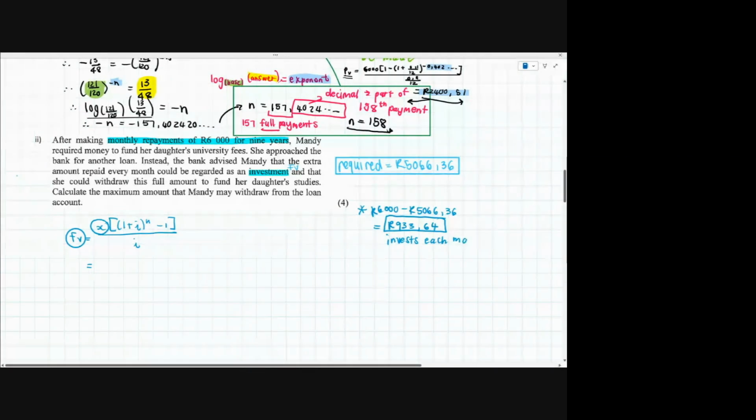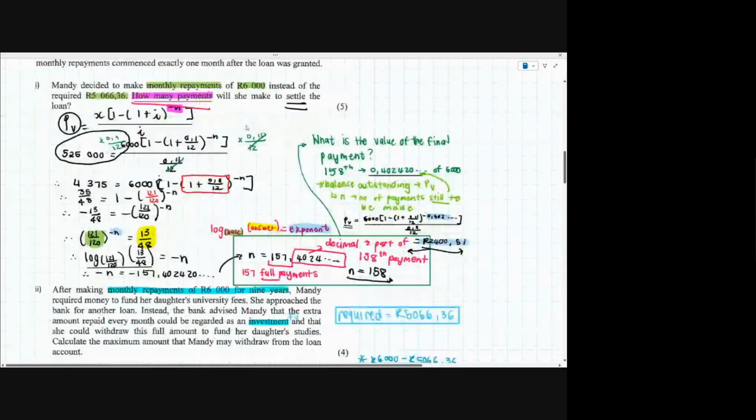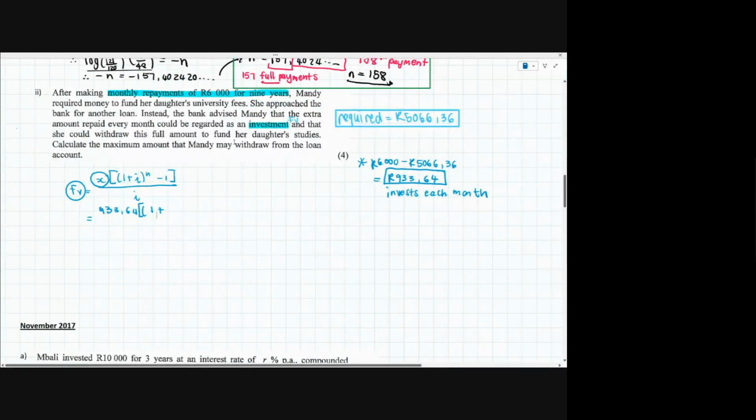And so this amount is our X value. So we've got 933.64 cents, bracket 1 plus the interest rate. Now remember, the interest rate is what we were quoted at the beginning, 10% per annum compounded monthly, to the power of, now remember, it was 9 years that she made payments and they needed the money.